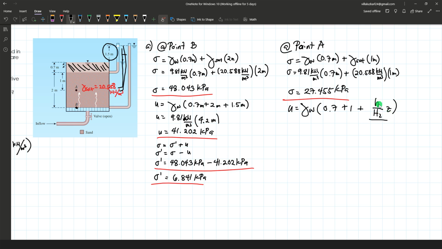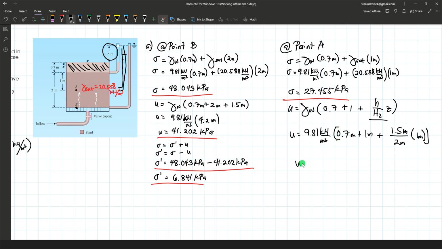So h here is 1.5, the total difference in pressure head from top to bottom of the surface of the soil, 0.7 meters plus 1 meter plus, that's 1.5. So h2 here is the total depth of soil, which is 2 meters, multiplied by z, the depth of soil, which is 1 meter.